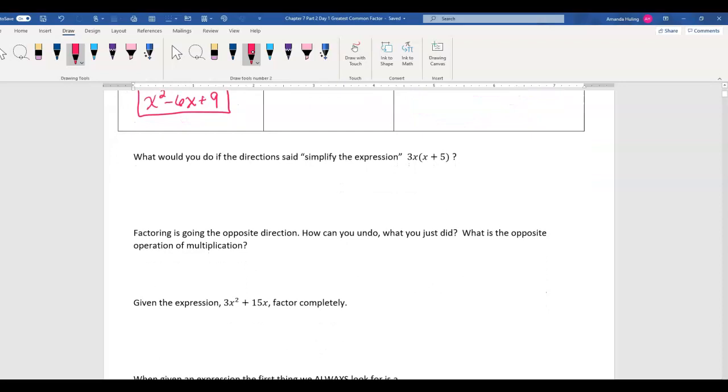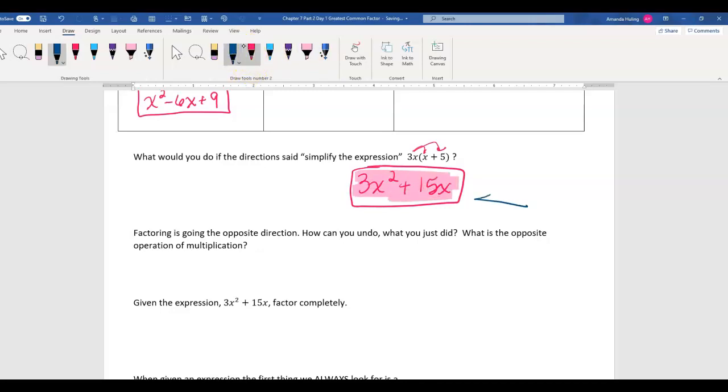If we had something that said simplify the expression, most of you would say, oh yeah, that's easy, you're going to distribute that 3x to both terms, which you do. But it's important to note that when you're distributing, you're also multiplying, okay? So what we did is we multiplied this through. What we're going to be doing over the next couple weeks is going backwards.